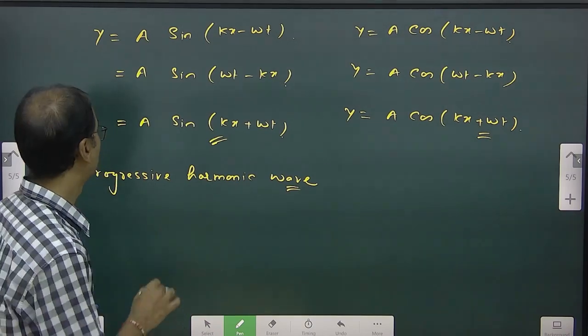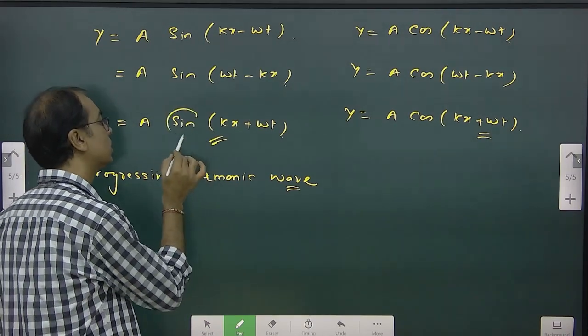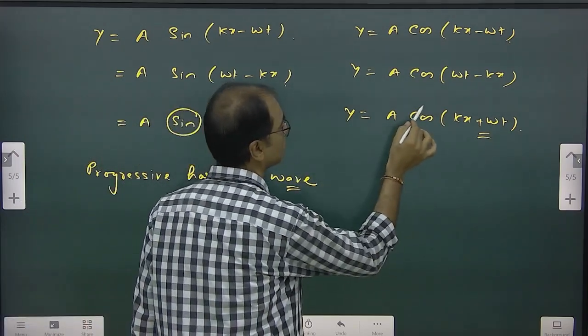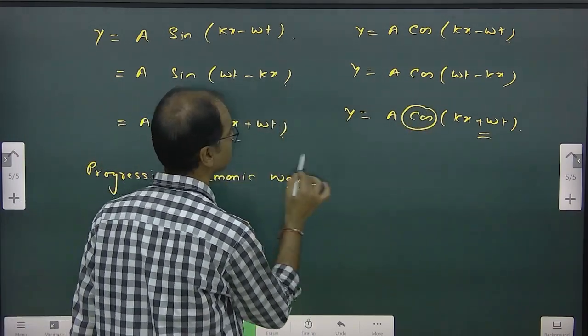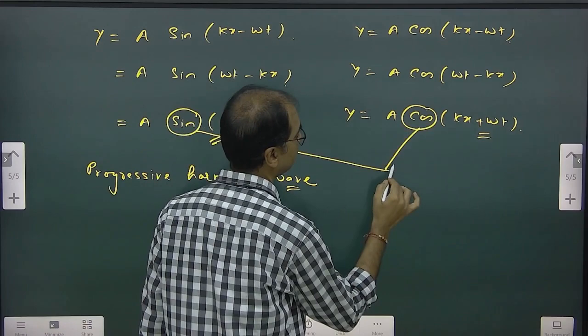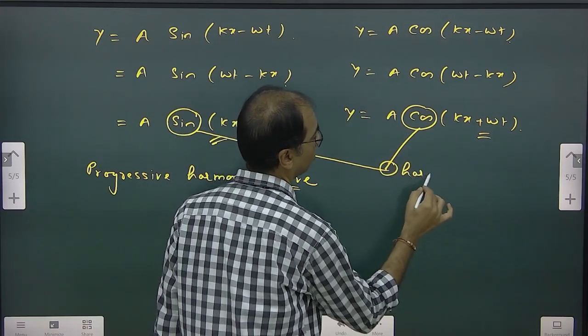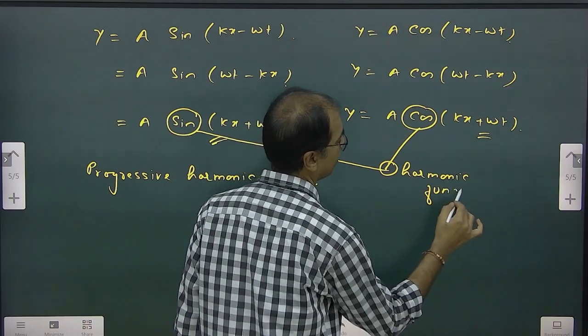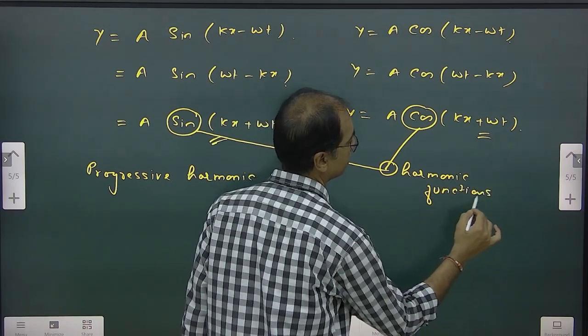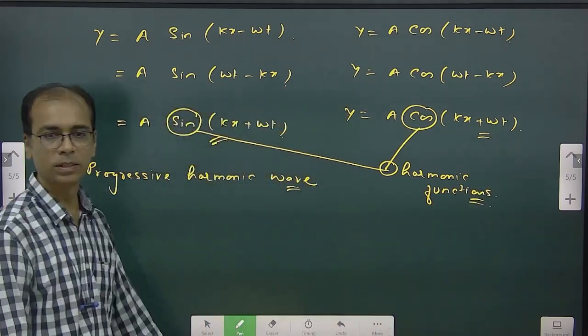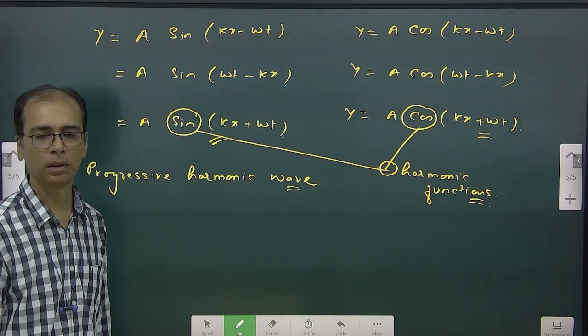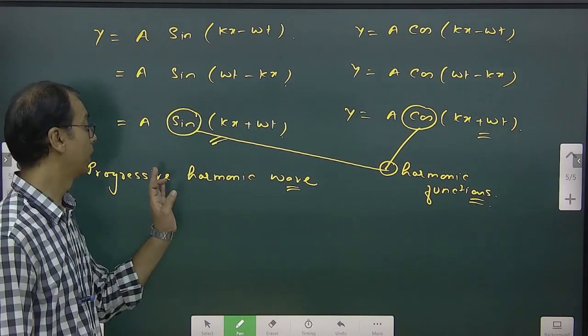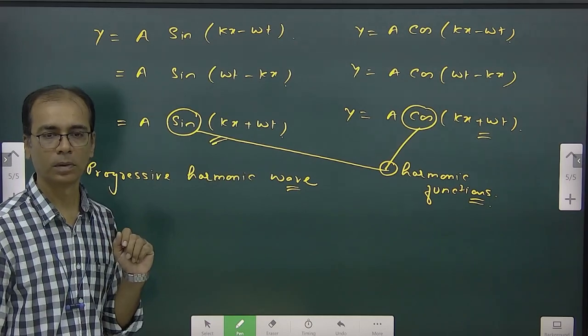Harmonic means, because this sine and this cos, these are harmonic functions. So that's why this is called a progressive harmonic wave.